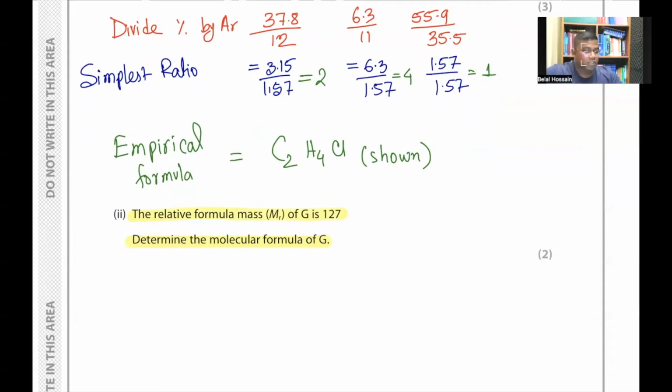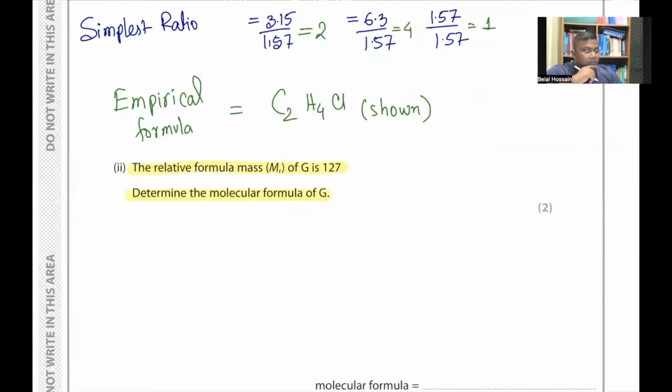When information like this is provided, first of all, we calculate the Mr of the empirical formula. The Mr of C2H4Cl. So there will be 12 times 2, 1 times 4, and 35.5, which gives us a total of 63.5.